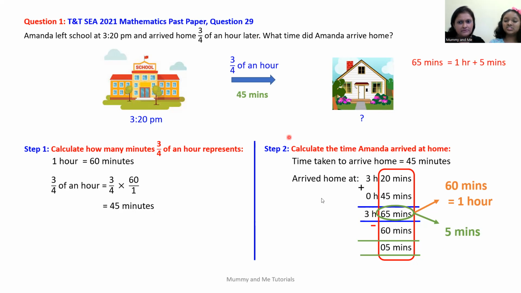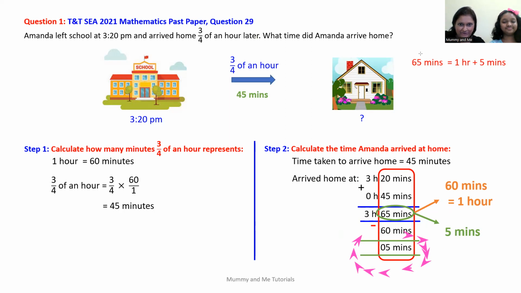However, since we subtracted 60 minutes from the minutes column, and 60 minutes is equal to 1 hour, we add back that 1 hour to the hours column. So I subtracted the 60 minutes and I want to bring it across here to the hours column. Yes.